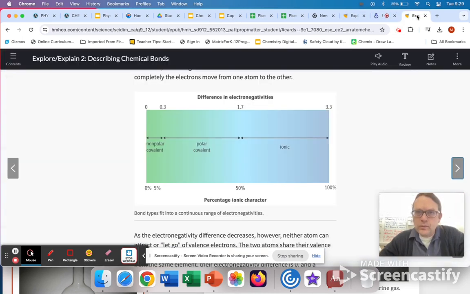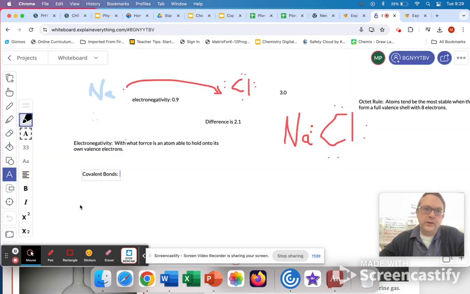So if it's less than 0.3, it's a non-polar covalent, which basically means if the electronegativity difference is less than 0.3, it's non-polar.